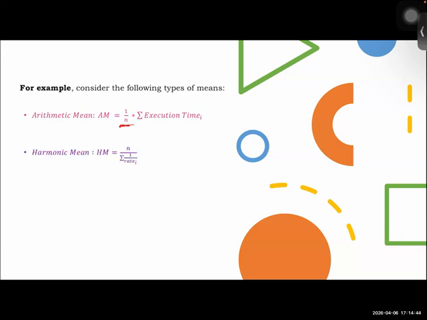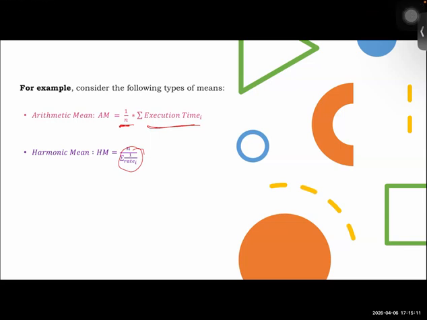Then the second mean is the harmonic mean. Generally in computer architecture, many architecture designers follow this harmonic mean in terms of clock rate. Here it is in terms of clock execution time, and the clock rate is in gigahertz. Execution time is equal to 1 over clock rate.